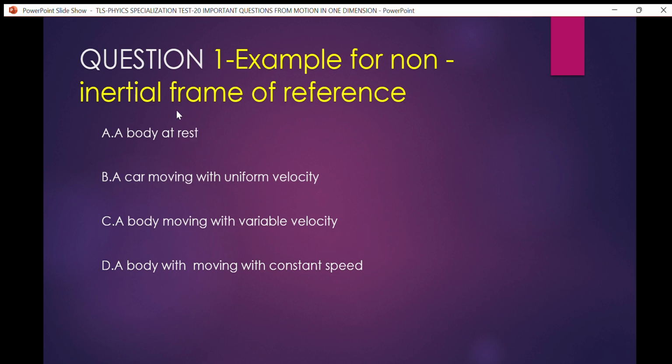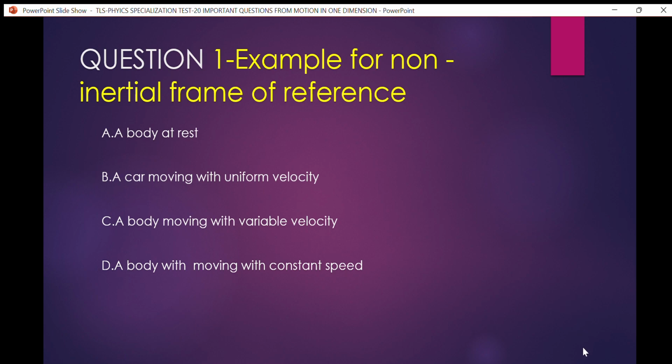So option A, option B, option D, all these things are related with Newton's first law. The only option related with Newton's second law is option C. So a body moving with variable velocity is the correct answer. That is an example for non-inertial frame of reference.